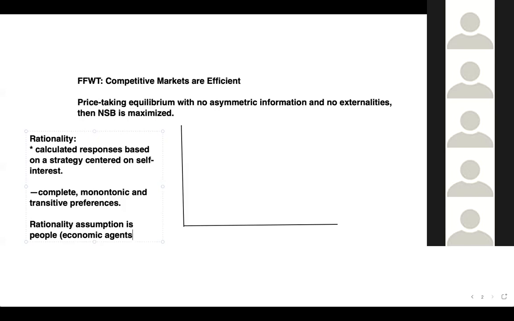Buyers and sellers are economic agents more generally. So economic agents have CMT preferences: complete, monotonic, and transitive preferences.